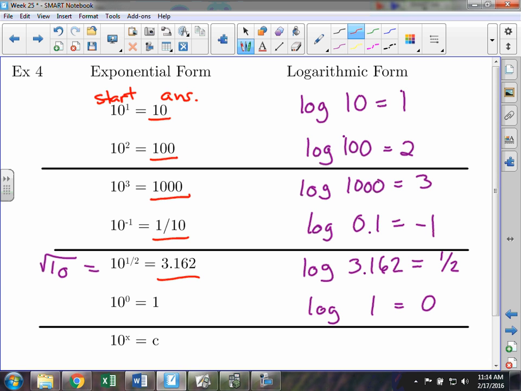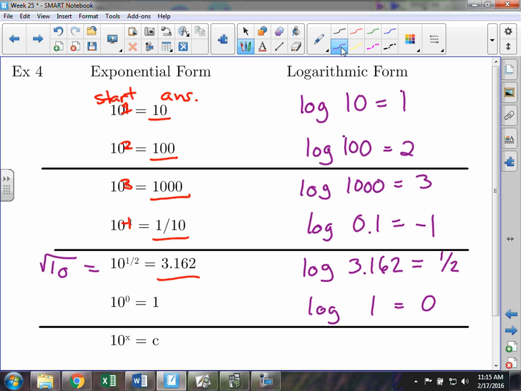Well, what if the answer we're looking for is actually the exponent? What if the exponent is the answer? Then this isn't a very helpful format. Logarithmic form was created to emphasize the exponent as the end result. It was created to emphasize the exponent is the answer. All the rules we will do are still the exact same. We're just going to write them emphasizing exponents instead of emphasizing bases.